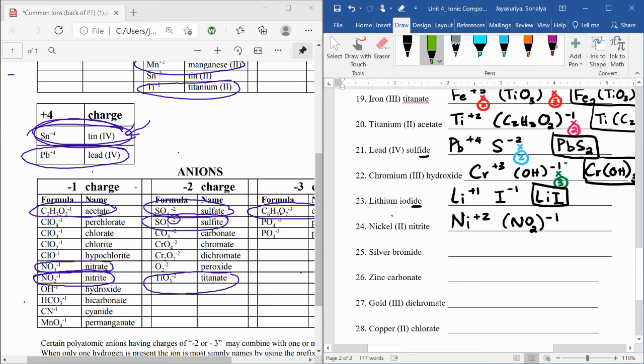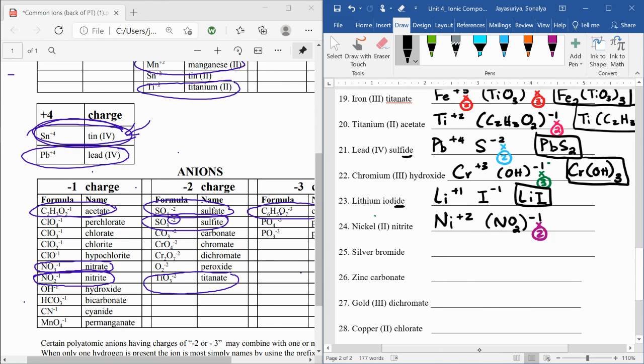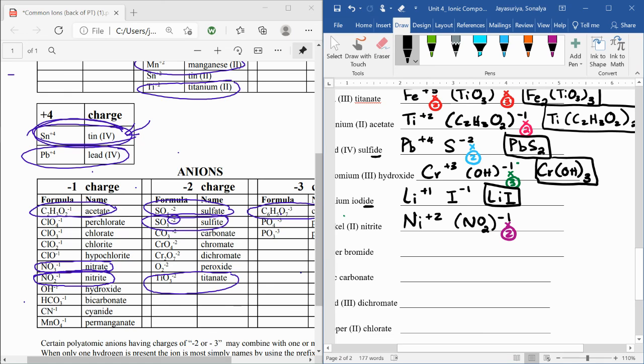We need twice the amount of nitrite because we got a plus 2 on the nickel and a minus 1 on the nitrite, which means we need minus 1 times 2, giving us minus 2. So nickel 2 nitrite is going to look like that: Ni(NO2)2.